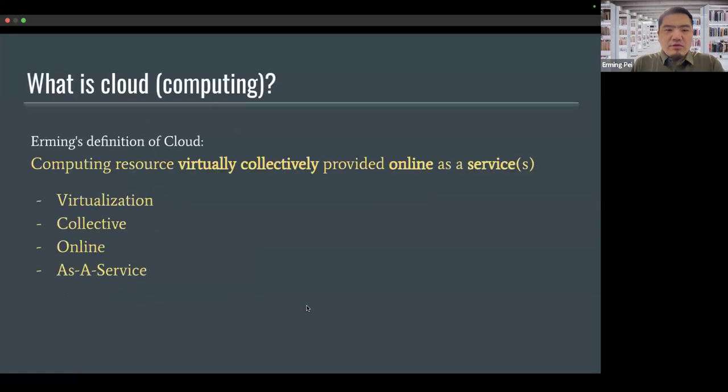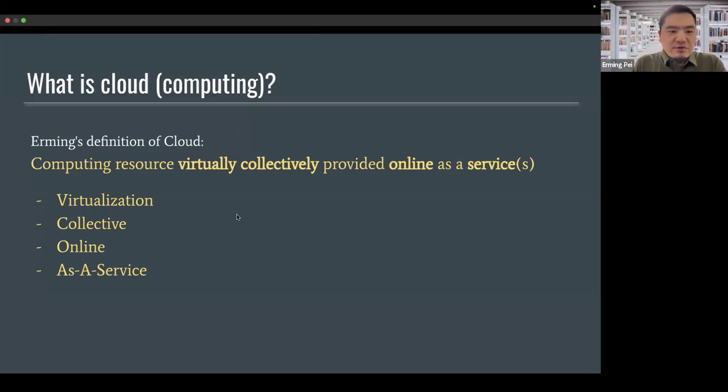The quick review. First, what is cloud computing? On Monday, I gave Ermin's definition, and here I just repeat it. I view cloud computing as a kind of resource, virtually and collectively provided online as a service.